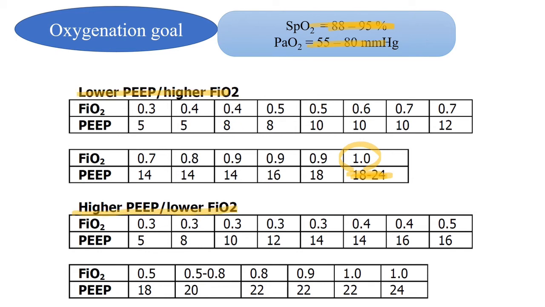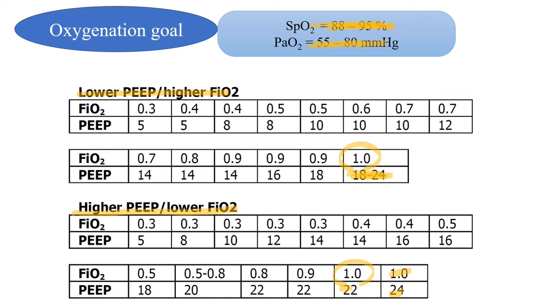There are some changes between them. When you are at one level, you will be at 24 PEEP. Then you will first start to decrease the PEEP to 22, while the FiO2 is still 1.